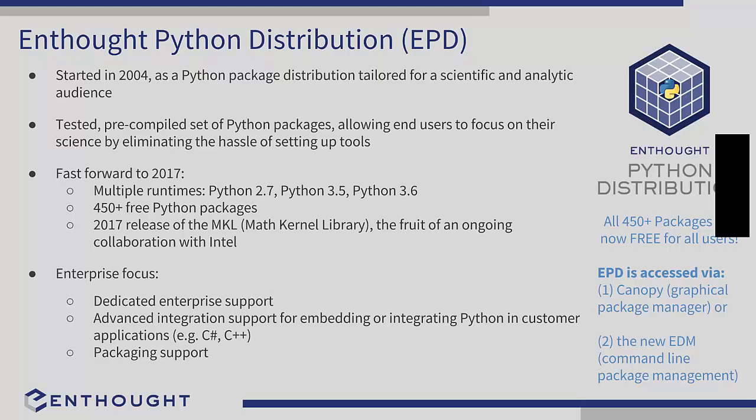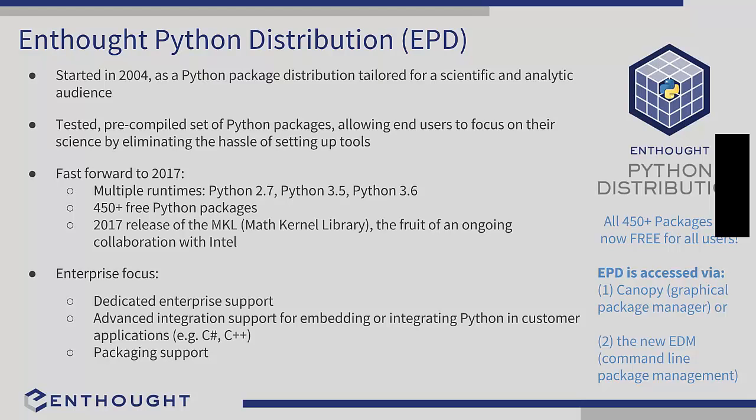The key focus of what it had to provide was a set of tested and pre-compiled Python packages that you could easily install and that would provide a completely robust environment. If you have started doing some distribution of your own Python packages or building all your own Python packages, you know that there are a lot of complex dependencies between them.